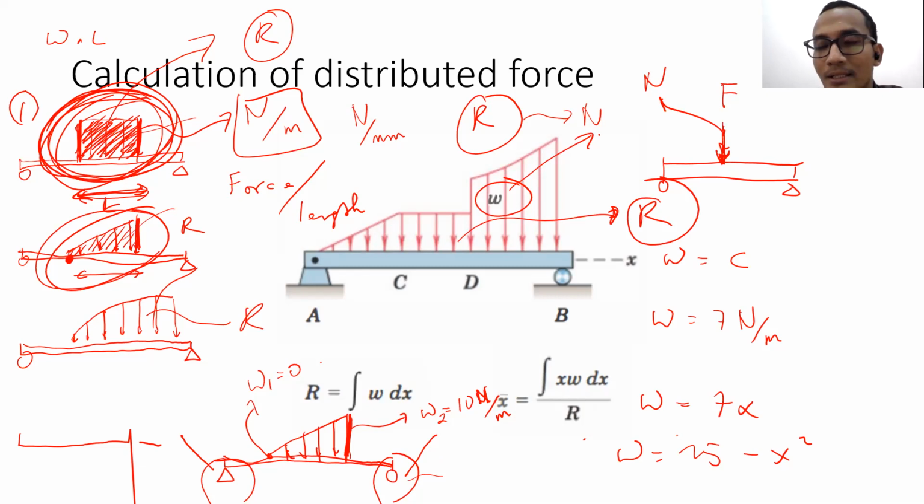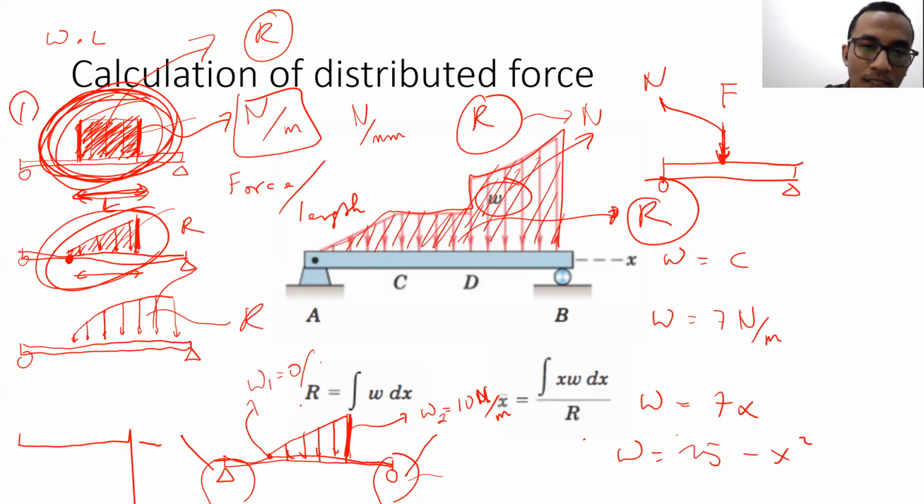So you cannot calculate the force yet. Sorry, you don't have the force value yet. You only have a force per unit length. So if you have a distributed force like this, the first thing you're supposed to do is to find out the resultant force, the R. How to find out the R? As I told you from the beginning, the R, the resultant force in Newton, is supposed to be the area under the W graph, right?